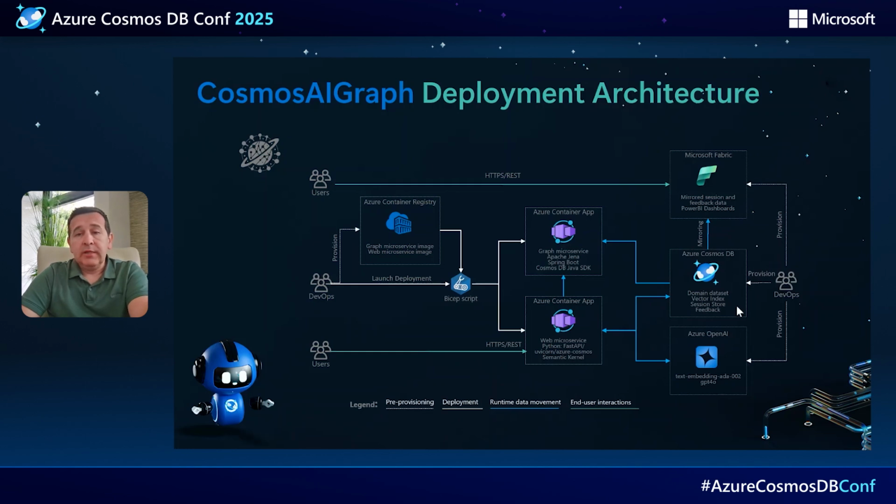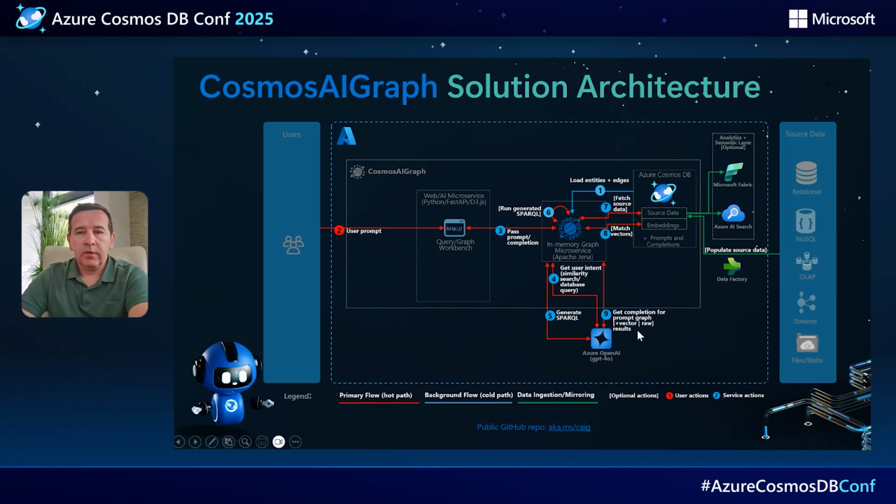It also stores the session, all the questions and responses, in Cosmos DB. It also uses Cosmos DB as a vector store and also the feedback store. And of course, we use Azure OpenAI for the GPT-4o model and the text-embedding-ada-002 model. And the web service simply provides a RESTful API and an HTTP-based web UI.